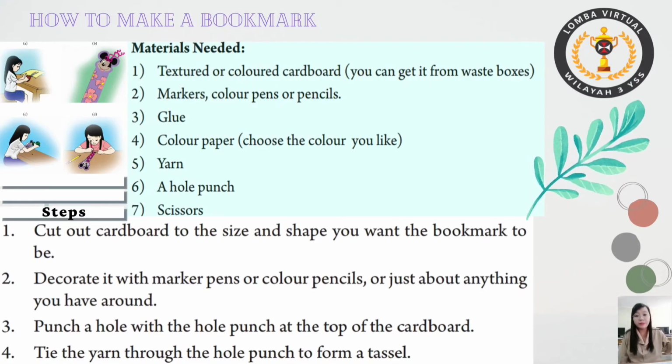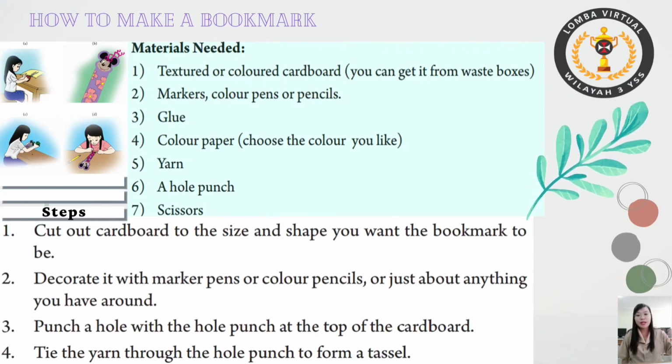The last step is tie the yarn through the hole to form a tassel. So, these are the materials that I need and the steps that I must do when I want to make a bookmark. This is the example.